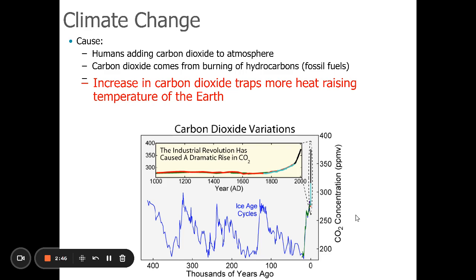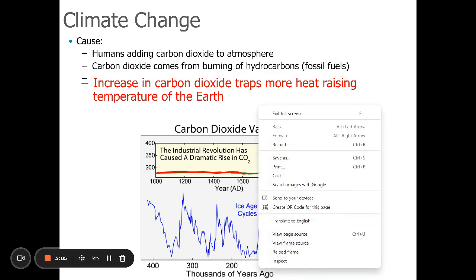You may know that in the Earth's history, there have been ice ages. These are periods when the climate of the Earth was much colder than it is today. Those are these bottom valleys that you see here. When carbon dioxide levels dipped, that's when the Earth experienced ice ages.